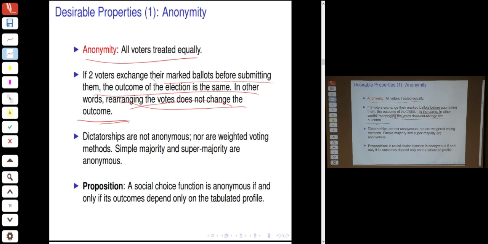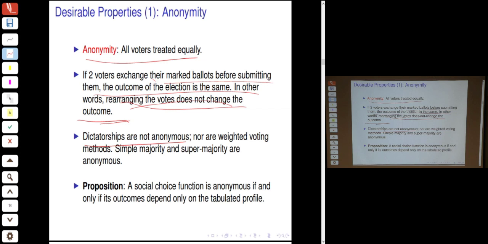So let's begin with what is not an example of an anonymous voting method. Dictatorships are not examples of anonymous voting methods, and we will come to the details a bit later. But before that, let us, for a change, try to understand what is an example of an anonymous voting method.